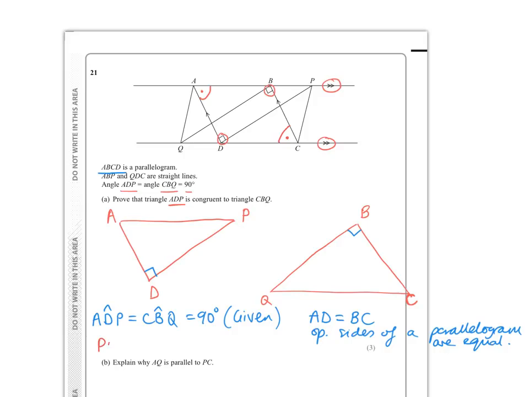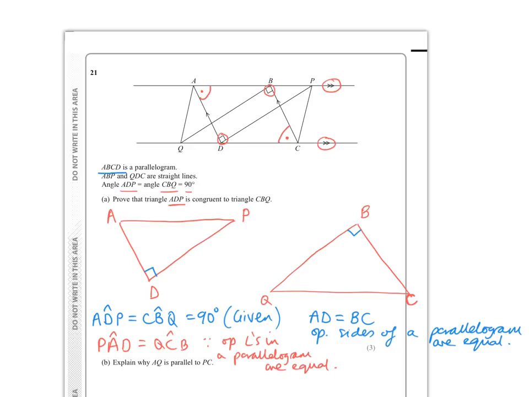So PAD, and I'll give you the reason in a moment. So PAD equals QCB, and that is because opposite angles in a parallelogram are equal. So you've got opposite sides, opposite angles, angle given.